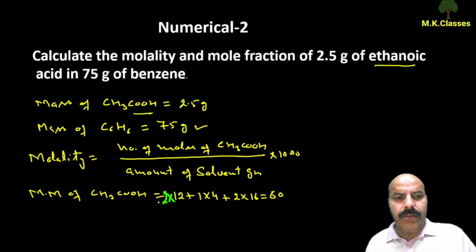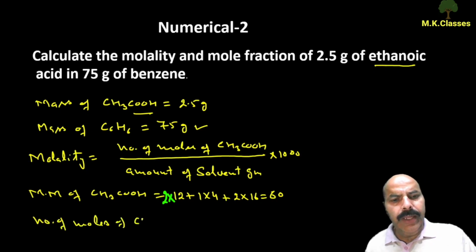Now, children, we know the molecular mass and the mass of the ethanoic acid, so we can calculate the number of moles of ethanoic acid, CH3COOH, children. So that is 2.5, the amount of ethanoic acid, upon this molecular mass.